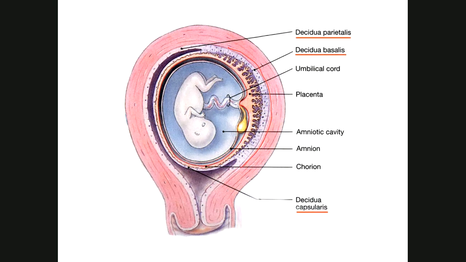The decidua capsularis covers the conceptus, as you can see here, and the decidua parietalis is the rest of the endometrium. Okay, so the three parts.